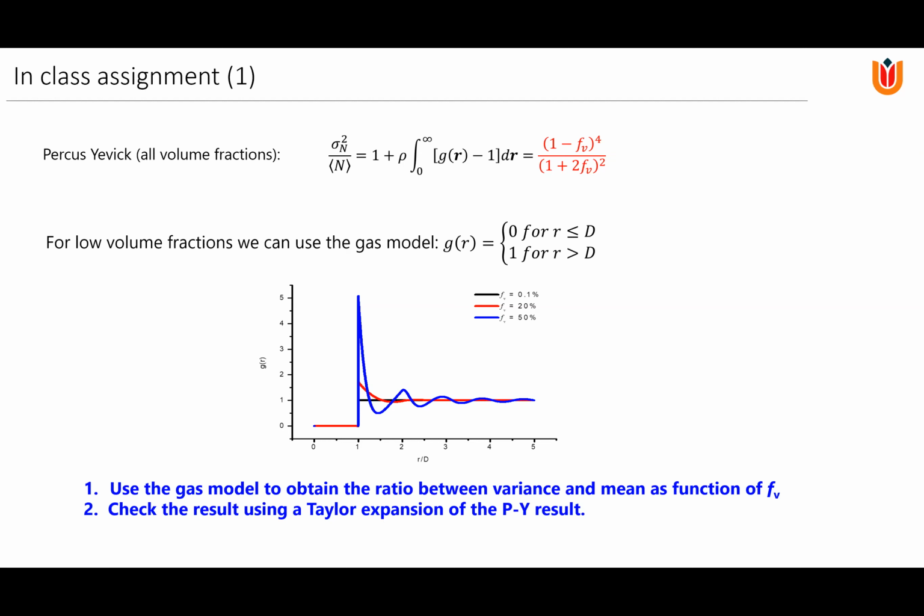Can you now solve that integral and express this ratio as a function of volume fraction? Then, if you get an answer, can you check that by making a Taylor expansion of this function, so that for low volume fractions you get the same result? Go ahead, use anything you like.